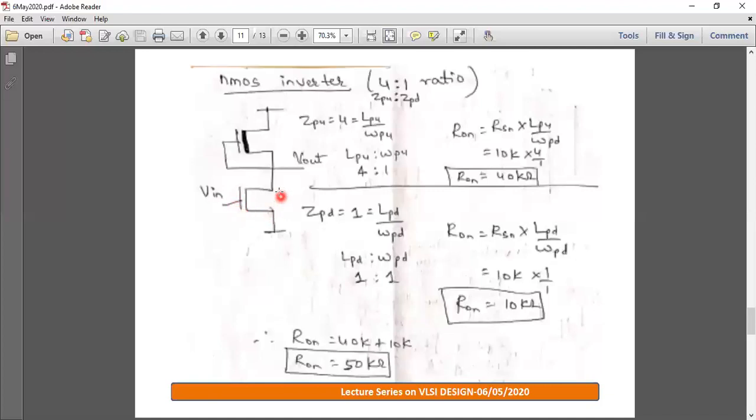Since the pull-down device is an NMOS enhancement device, sheet resistance for NMOS is again 10K and L by W ratio for pull-down is 1. Therefore, resistance is 10K. Therefore, total resistance offered by the NMOS inverter is 40K plus 10K, that is 50K.